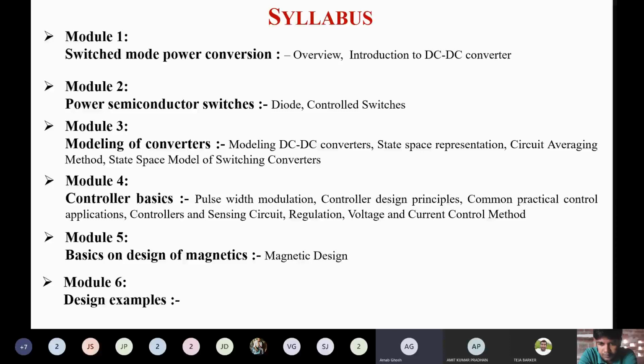So you have to compare the constant voltage with a triangular voltage, or sometimes a sawtooth voltage. By comparing both voltages you get the pulse.